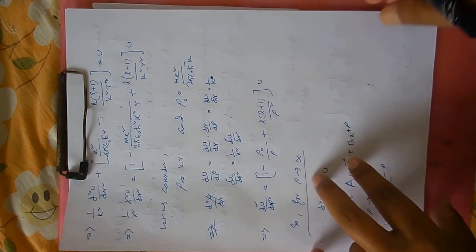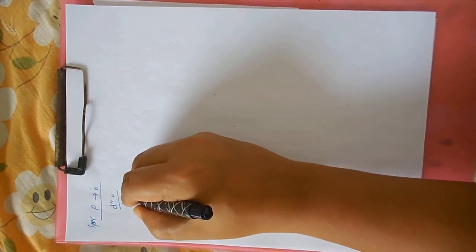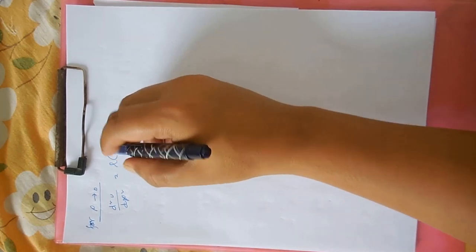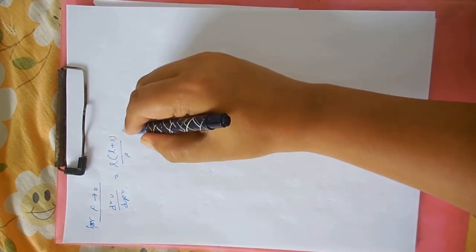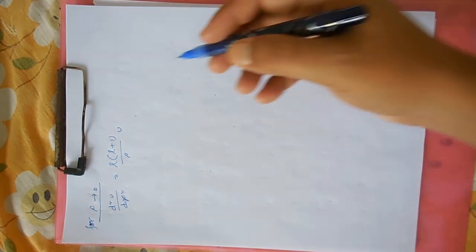Now in the second part we will discuss rho tending to 0. So for rho tending to 0, the equation will be left with only the big term, which is the rho square term. We will be left with n into n plus 1 by rho square; u is negligible with respect to this.